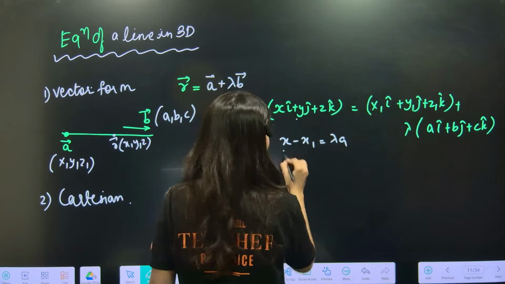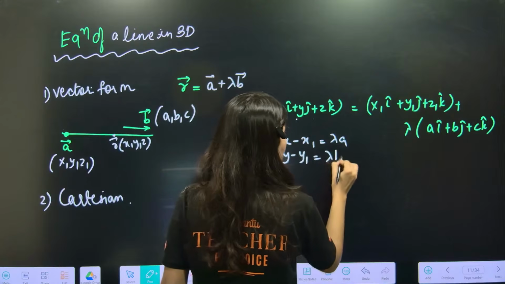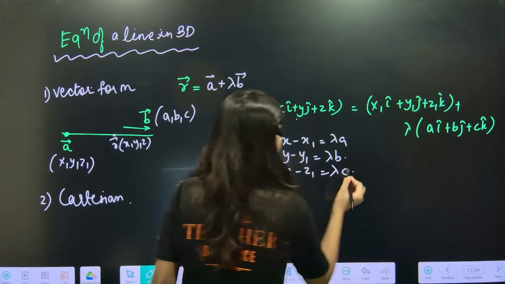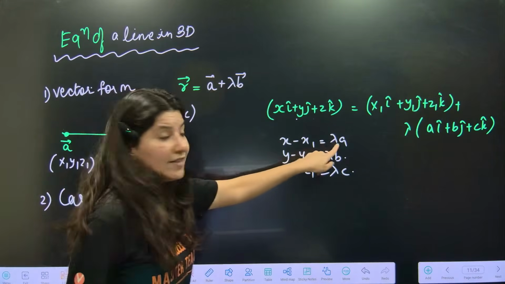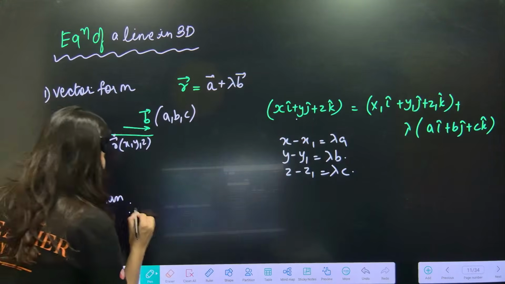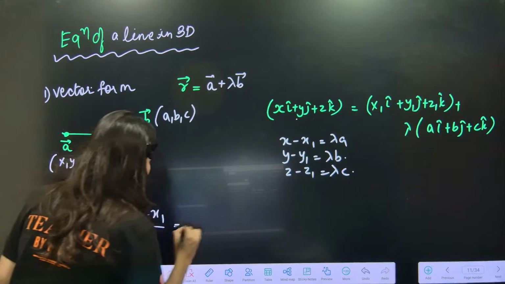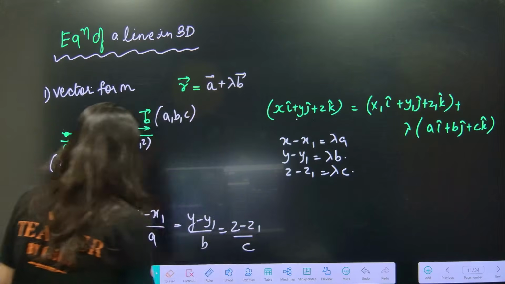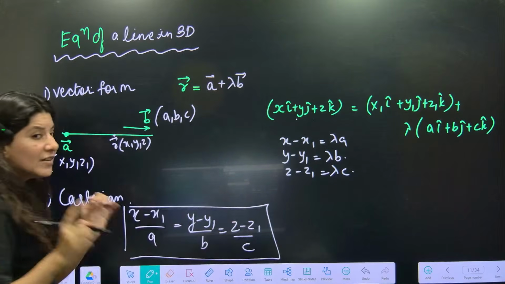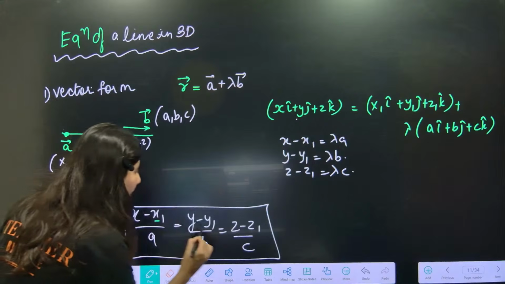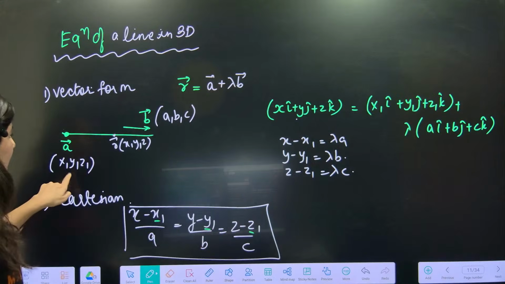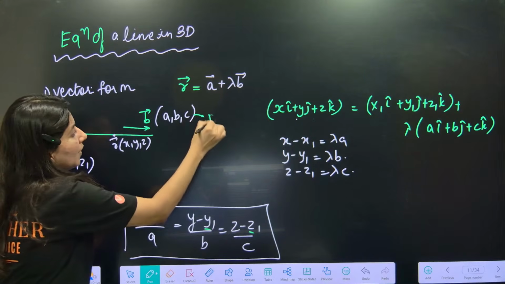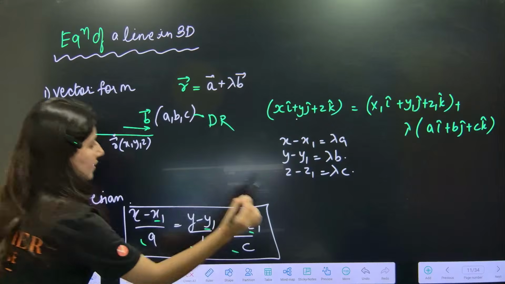Similarly, y minus y1 is equal to lambda b, and z minus z1 is equal to lambda c. Now if you leave lambda on the right-hand side and write x minus x1 upon a, y minus y1 upon b, z minus z1 upon c, this will give you the equation of a line passing through x1, y1 and z1, and which has direction ratios a, b and c.